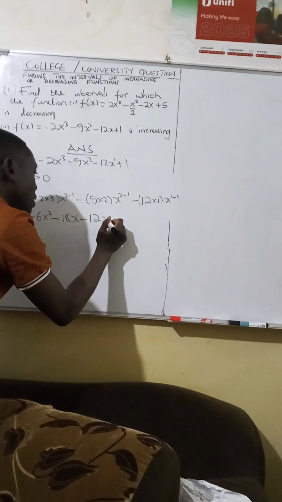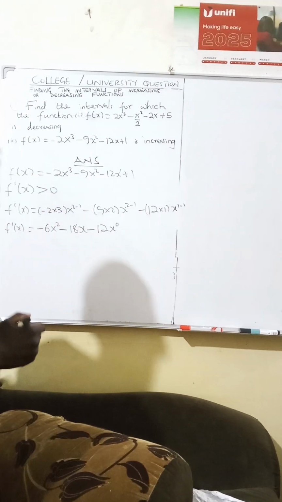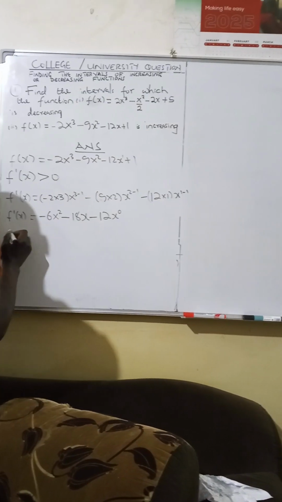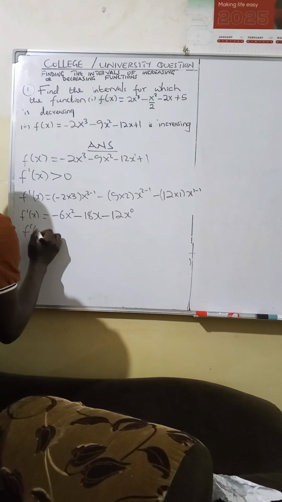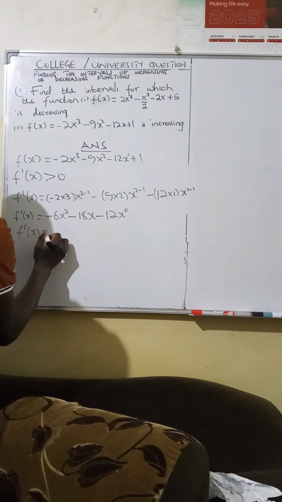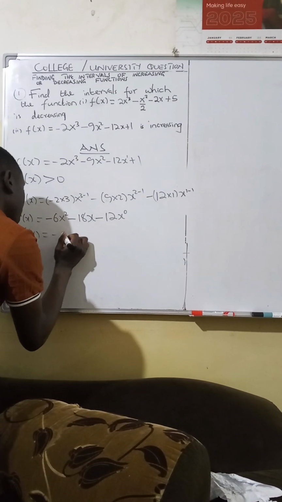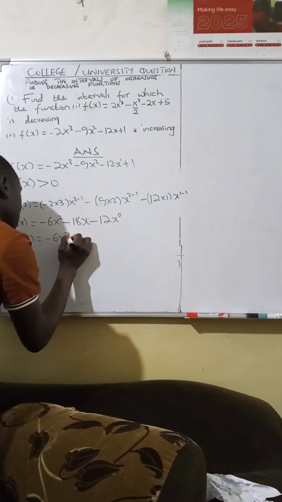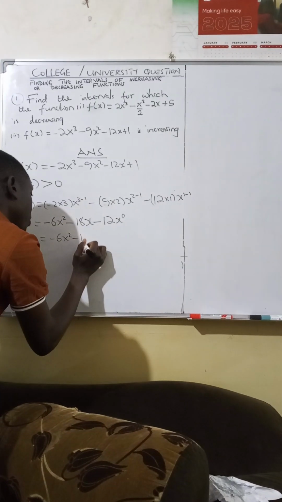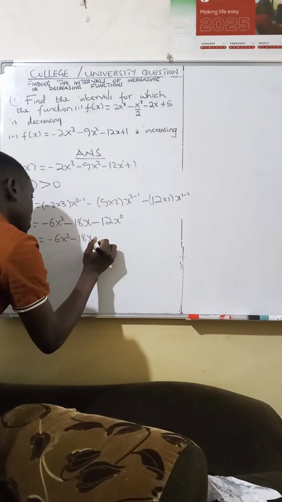Then 1 minus 1 is 0. The derivative of 1 is just 0. I won't write it. So my f prime of x is going to be negative 6x squared minus 18x.